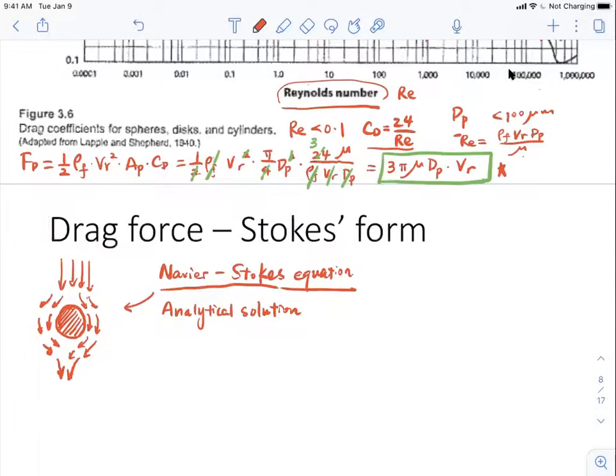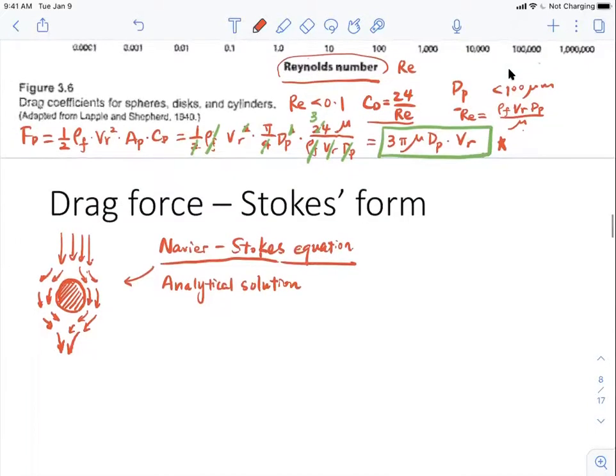So we can derive what is happening, what the force is, and what the pressure is onto this sphere. Here I'm going to write out some equations. You don't have to memorize them, but if you're interested, you can do some calculations to confirm that the Navier-Stokes equation can be used to derive this drag force. This drag force term is called the Stokes form, derived from the Navier-Stokes equation.